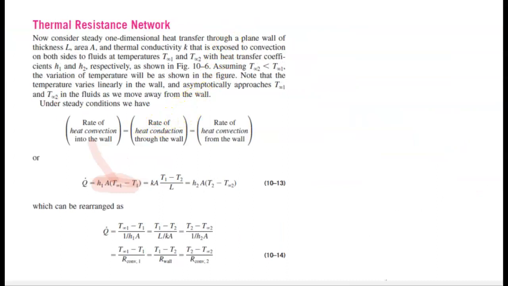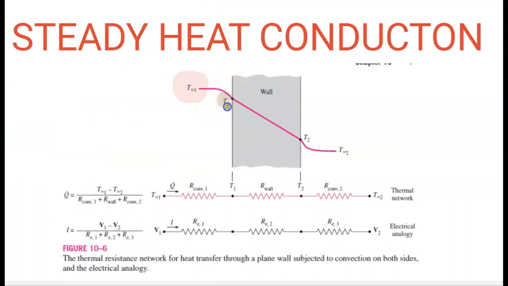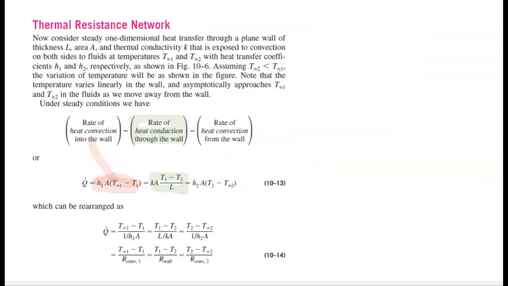Now that should be equal to the rate of heat conduction through the wall, which is kA (T1 minus T2), where k is a constant, A is the area, T1 is that temperature here, and T2 is the temperature of the outside of the wall.